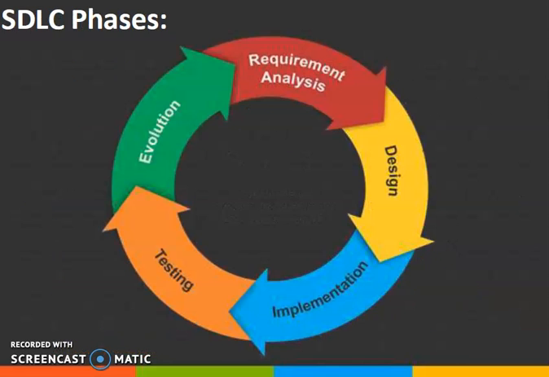Those are the main five steps or phases in the system development life cycle: one is requirement analysis, second is design, third is implementation, fourth is testing and fifth is evaluation.